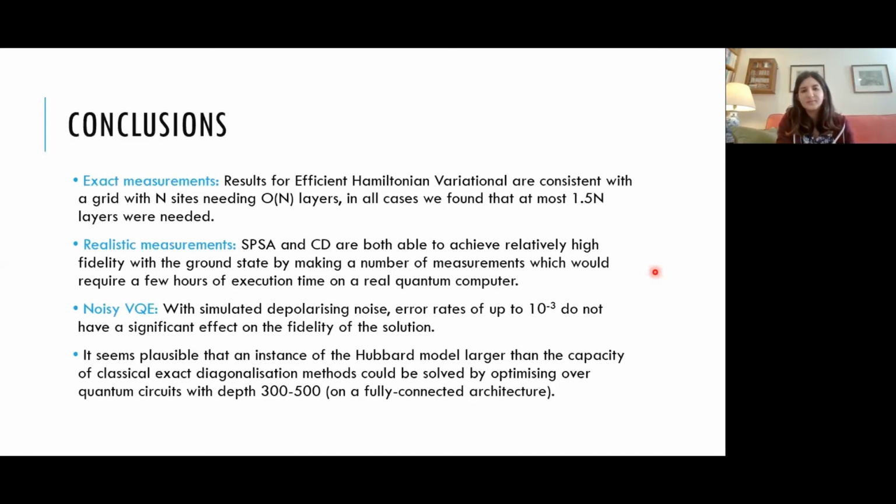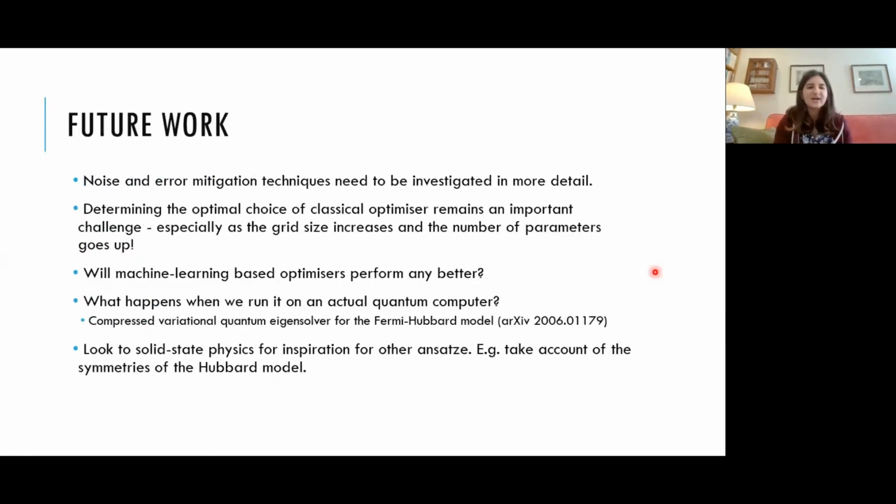Some future work in this area. Noise and error mitigation techniques need to be investigated in more detail. In particular, we only looked at depolarising noise, but something that's quite a problem on quantum computers is readout error. So incorporating this would maybe give us a better idea of how it actually works on a quantum computer.